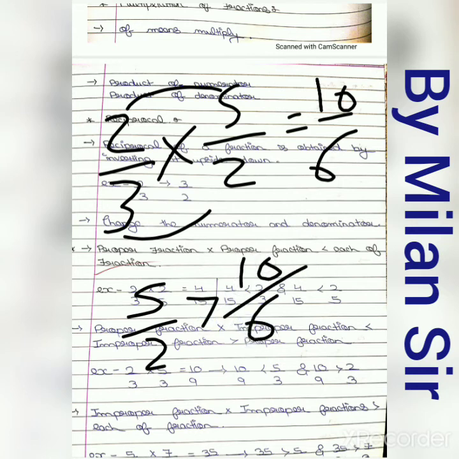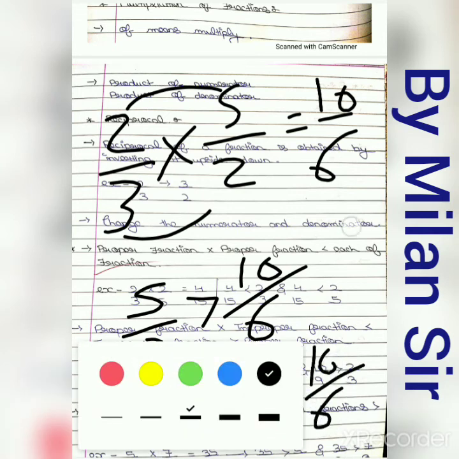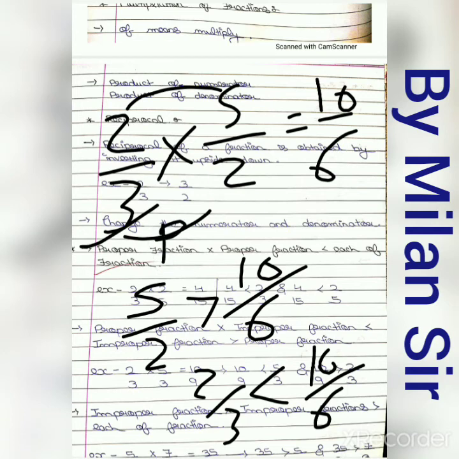Now I write these two things together. If we multiply one proper fraction and one improper fraction, then whatever answer we get is greater than the proper fraction and less than the improper fraction.